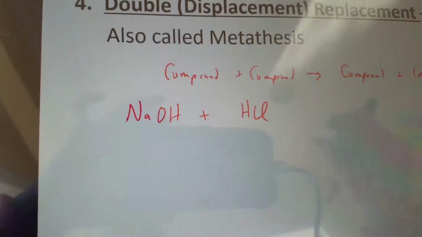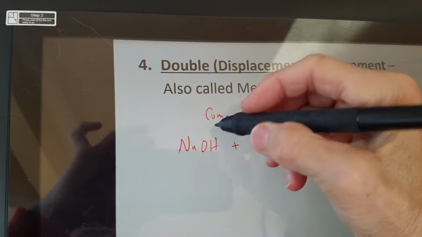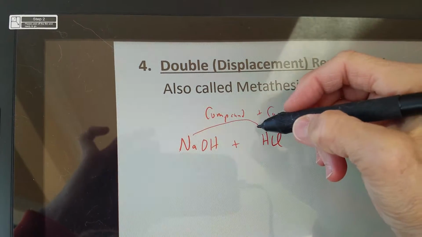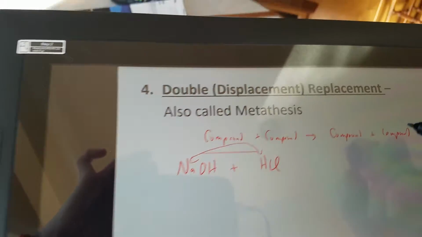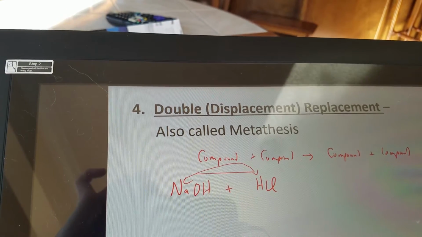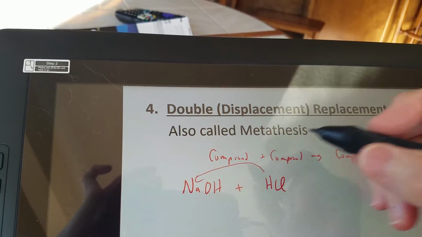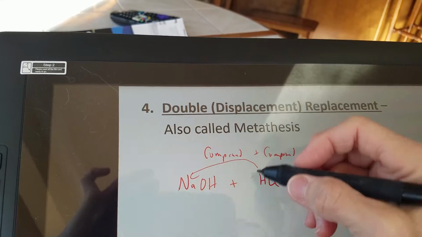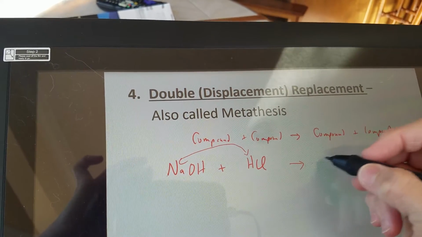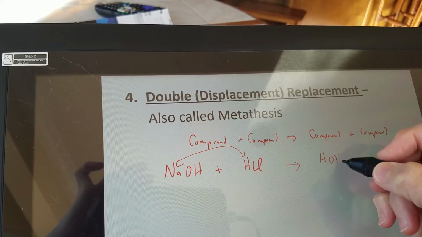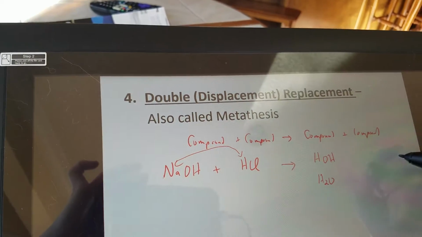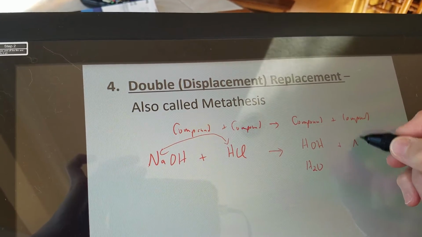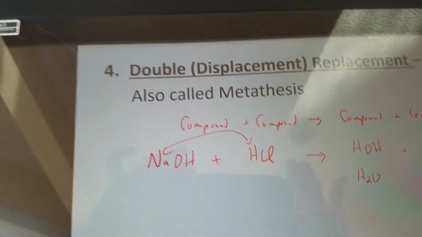Then basically, whatever are the positively charged elements, in this case, the sodiums and the hydrogens, they're simply going to change places with each other. So my hydrogen is going to go over here with the OH. If you rearrange that, that would be water. And my sodium is going to come over here with the chlorine.